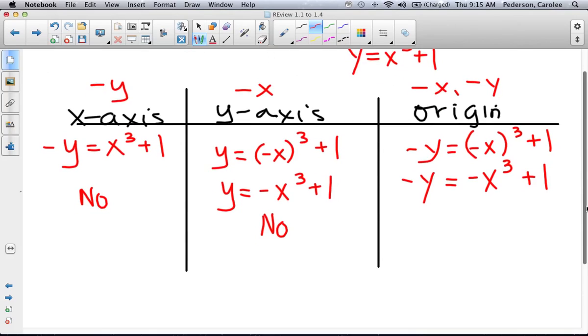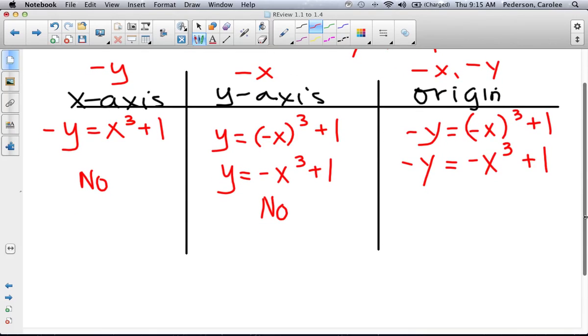So it doesn't work. If I try to pull out a negative here and make that a negative 1, and then divide both sides by a negative 1, I still have that negative 1 over here. So no symmetry exists for this problem. Next question.